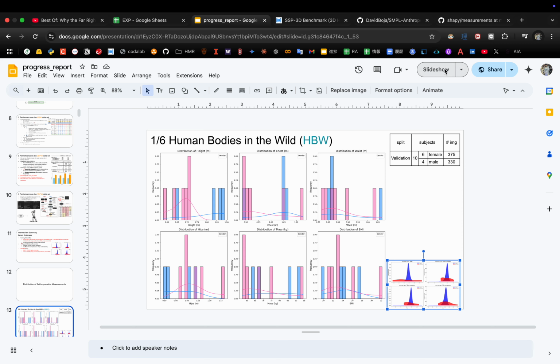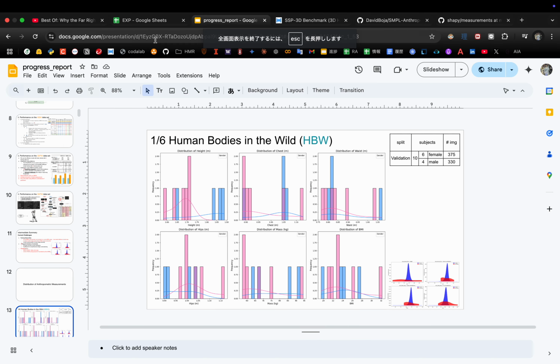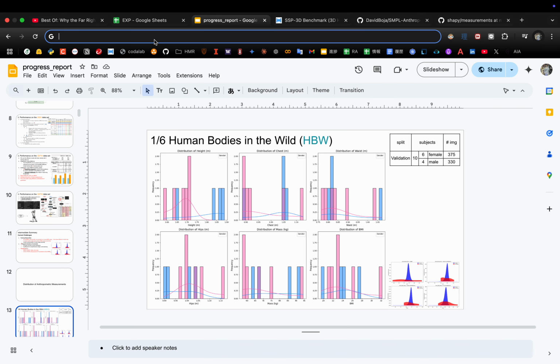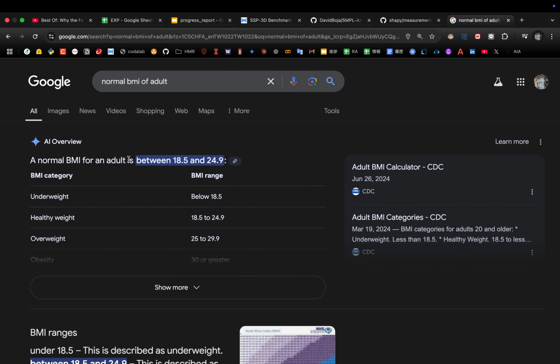So we can see that the BMI of this validation data set ranges from around 20 to 32. Okay, so if we find what is the normal BMI of adult, the normal BMI is between like 19 to 25.